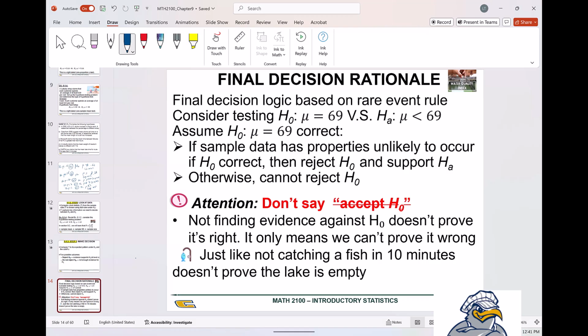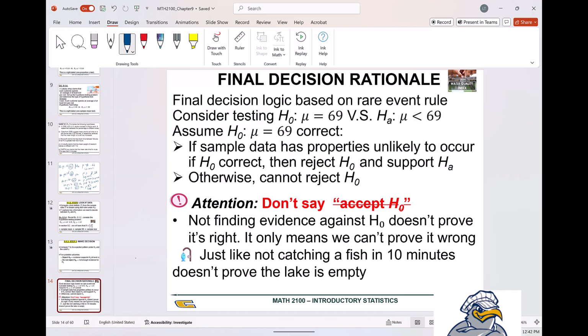I made that kind of extreme. Which means your assumption must be wrong, right? Because if your assumption that mu is 69 is correct, I should expect my sample water in different locations to be around that, or maybe higher. But here I see something very unlikely to happen if H naught is true. If that's the case, then you reject H naught and you support your conclusion.